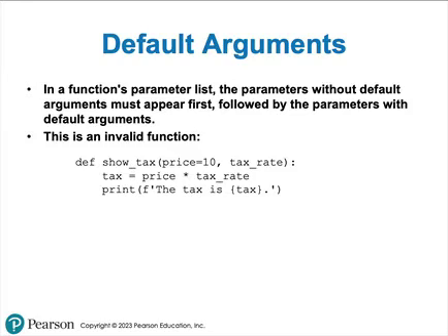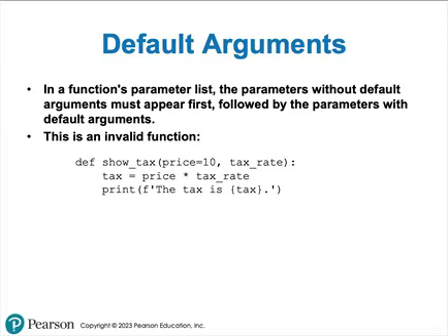Here we're setting a default price of 10, and then calculating it. So instead of the tax rate being a default value, they're trying to use the price, but it's going to be invalid because it is following a keyword that has a default value. All the things that do not have default values have to appear first in the argument list.